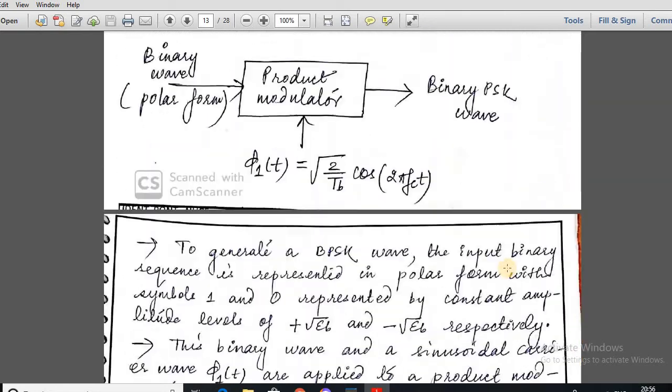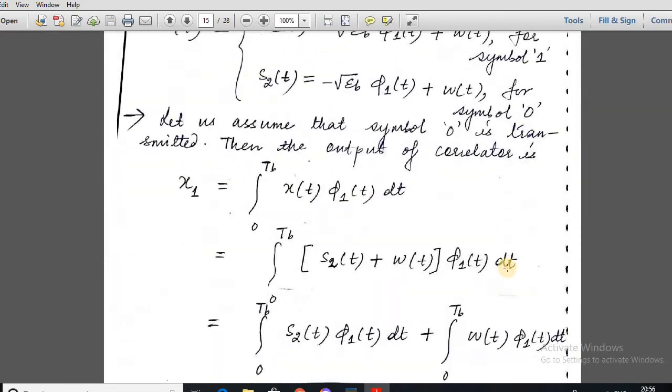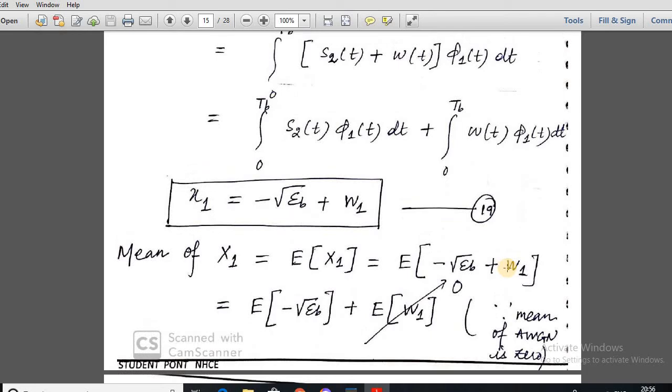So we have substituted minus root of Eb, plus the noise component in the direction of the carrier signal, which is w1. W multiplied by phi 1 of t and integrated gives the noise component w1. So x1 is equal to minus root of Eb plus w1.